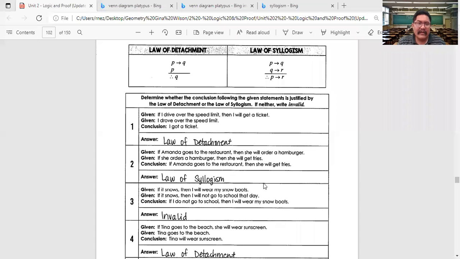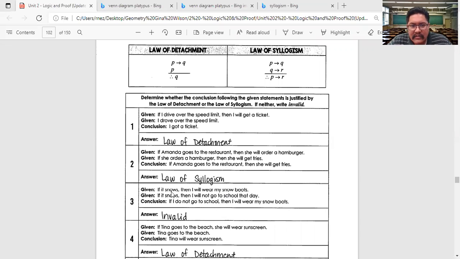In this case, it is invalid, because you might be thinking, well, wouldn't it be something like this? Because there's 3 statements, right? It snows, wear boots, not go to school. So you might be thinking it would be this one, but this does not lead to that. It doesn't follow the rule. If it did follow the rule, it would read like this.